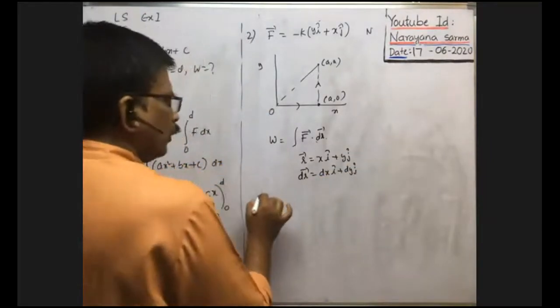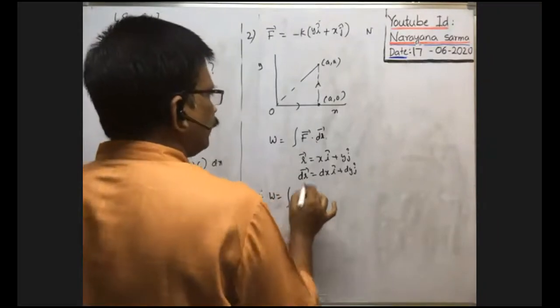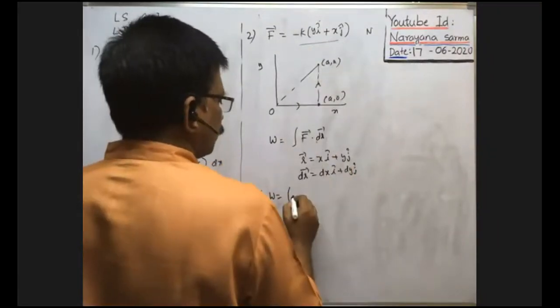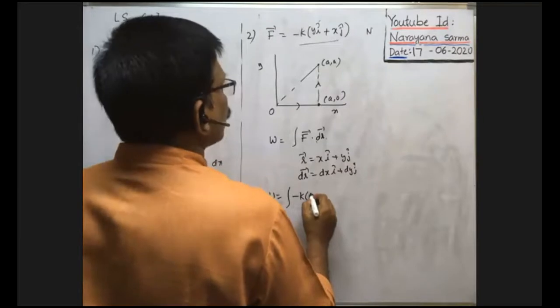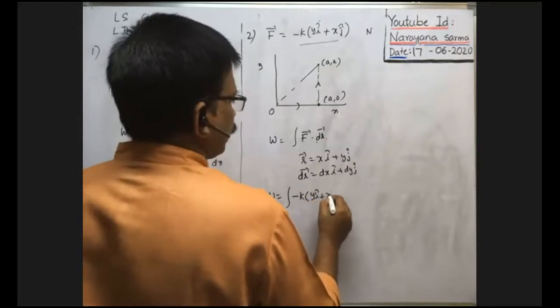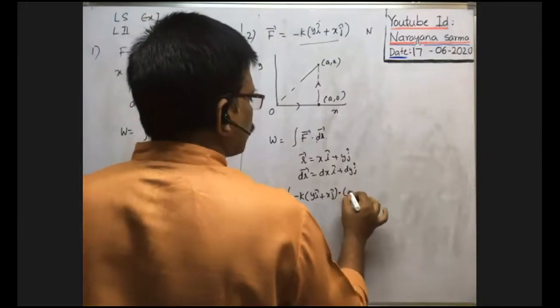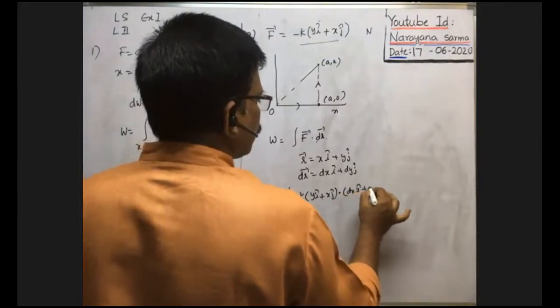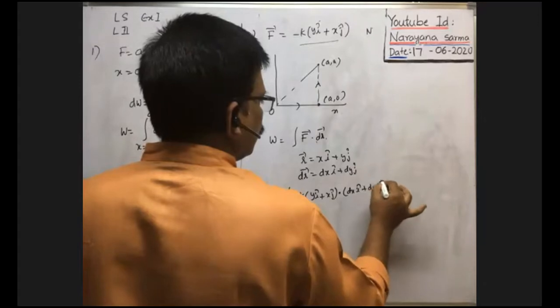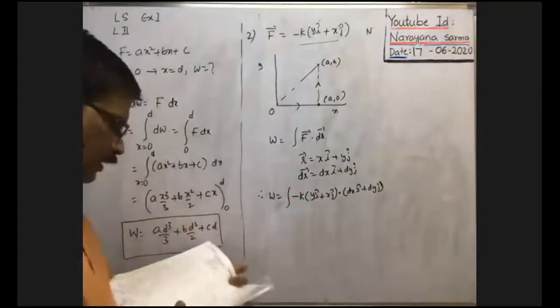Therefore work done is equal to integral F bar, you substitute this one, minus k into (y i cap plus x j cap) dot dr bar, meaning (dx i cap plus dy j cap). Okay, this is the work done.